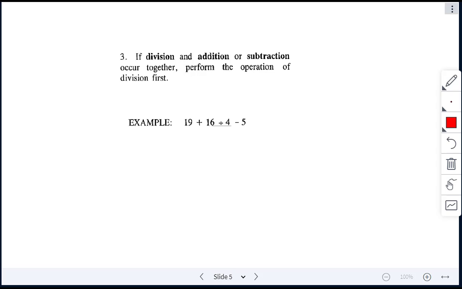All right, next we have division and addition or subtraction. So again, BEDMAS, we have to do division first before we can do any addition or subtraction. So we have the 16 divided by 4 there. So we're going to do that first.